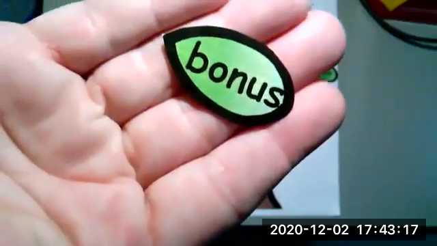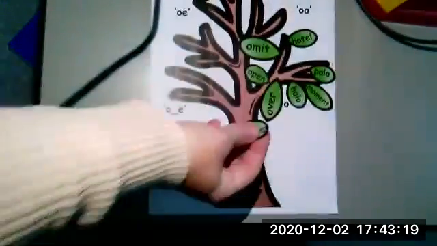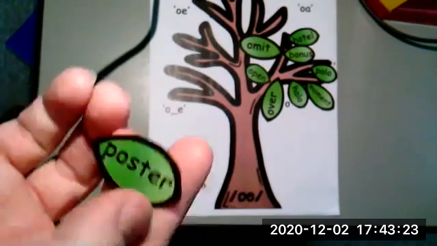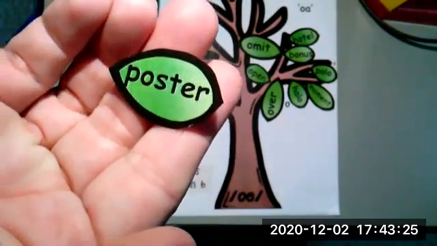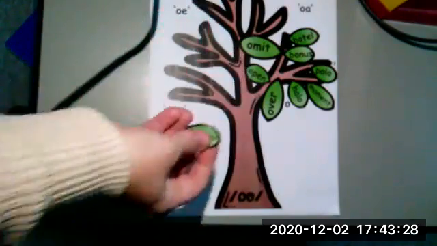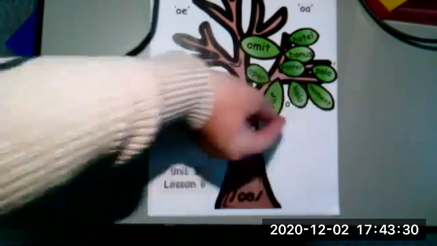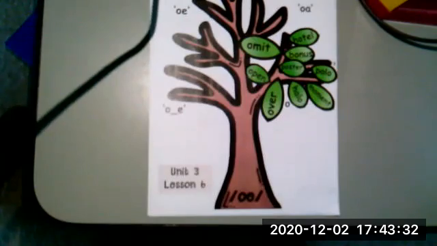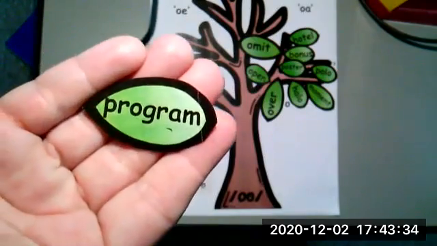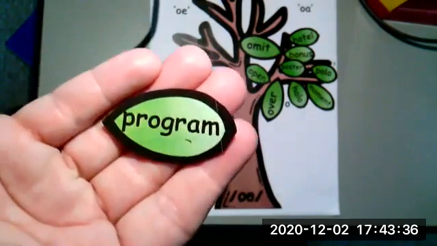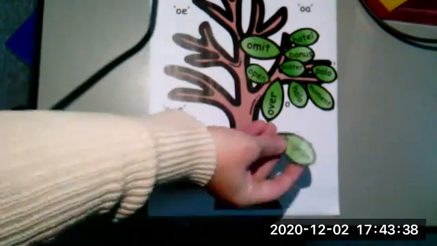Bonus. That's going to go with just the O's. Poster. Good. That's going to go with just the O's. And our last word is the word program. And that one's going to also go with just the O's.